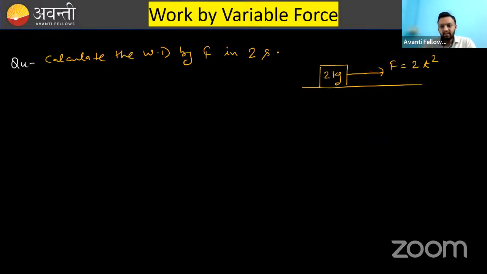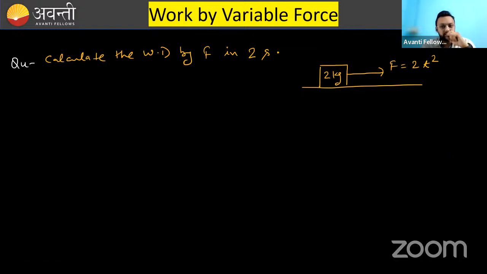I have told you why work done by variable force means a force may vary in two ways. One, it varies with the position. And second, it might vary with time.